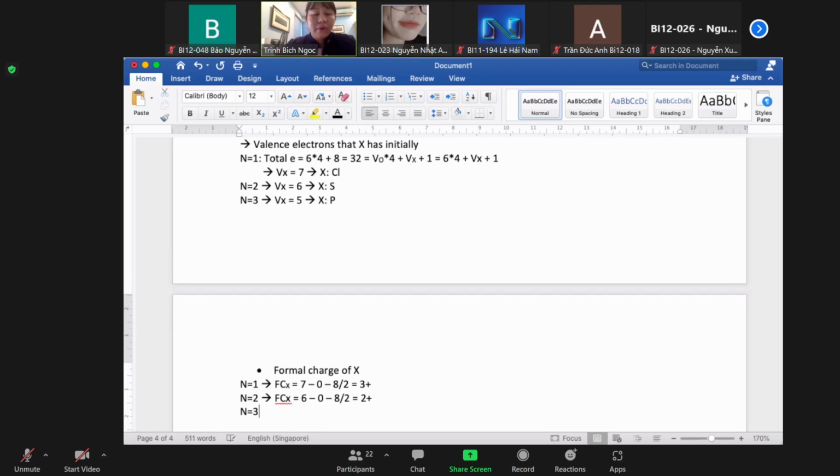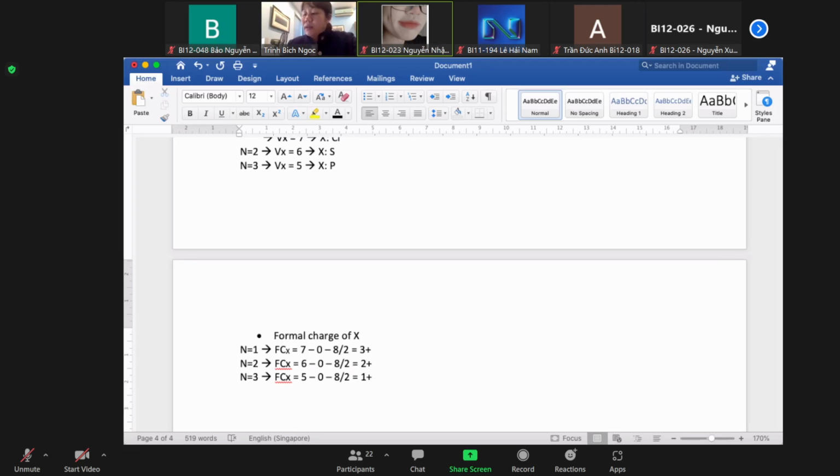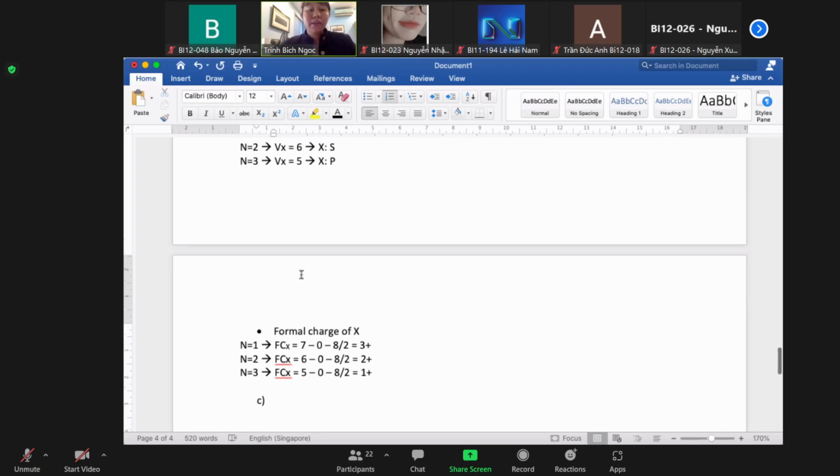And for n equal to 3, the formal charge of X will be 5 minus 0 minus 4, and it will be 1 plus. Then you need to draw the Lewis structure that makes the formal charge on the central atom equal to 0. Does someone want to do it?